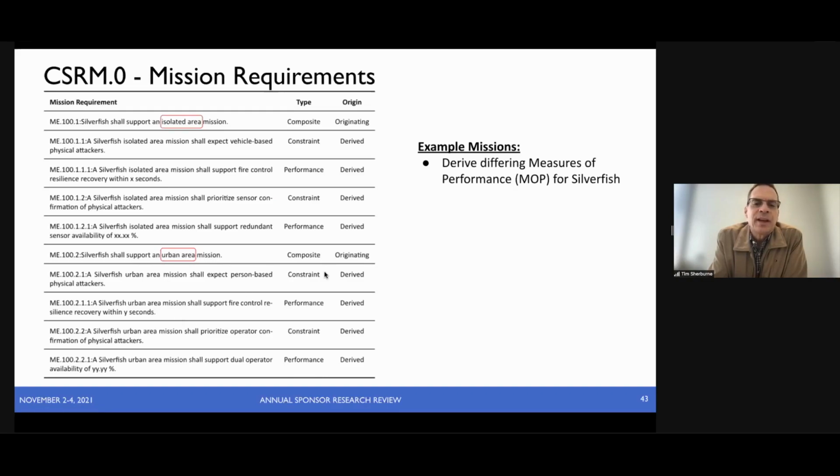So for our scenarios we have a couple of different missions proposed, and we'll see that we can derive the performance parameters for some of the resilient modes that we define for the system.